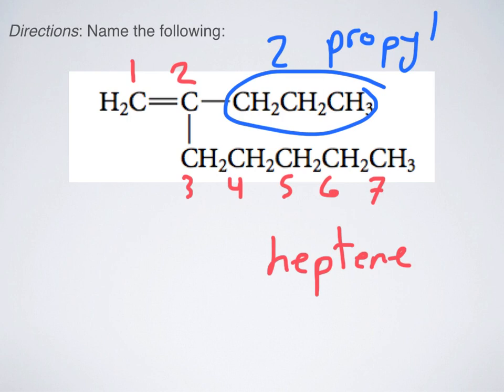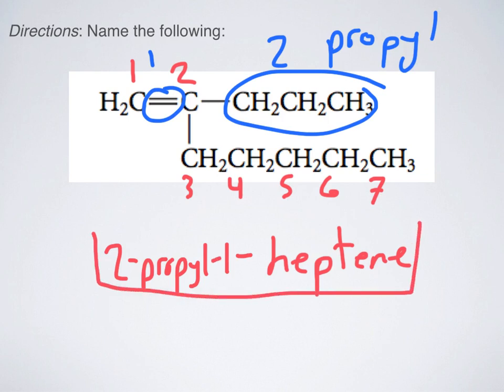And then I have a double bond, like I said, and that's at carbon 1. That's where that starts. So I have 1-heptene, because that's where my double bond exists, and I'd put 2-propyl in front of it. 2-propyl-1-heptene. That would be the name of this compound.